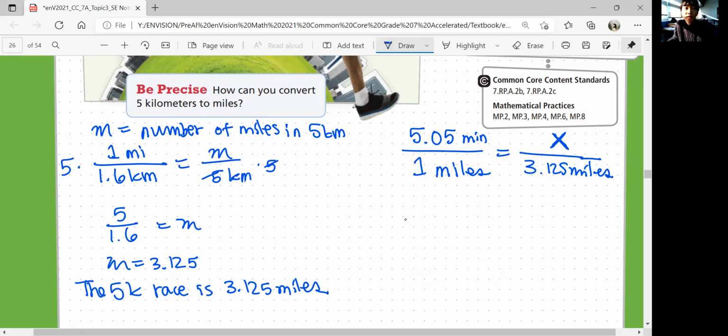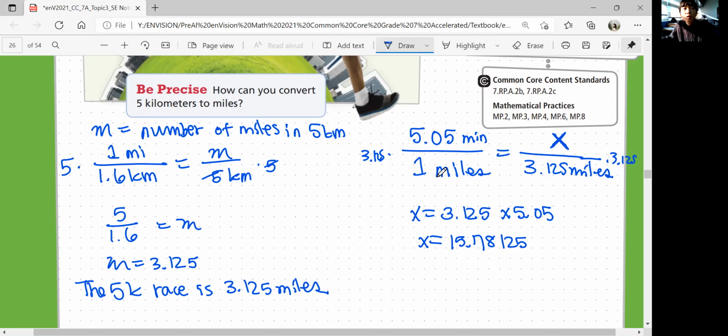In order to solve for x, you multiply 3.125 on both sides. And you should be able to get x by multiplying 3.125 times 5.05. And x is equal to 15.78125 minutes.